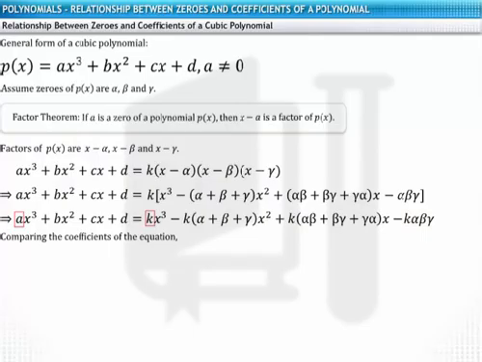A is equal to k. Let this be equation 1.